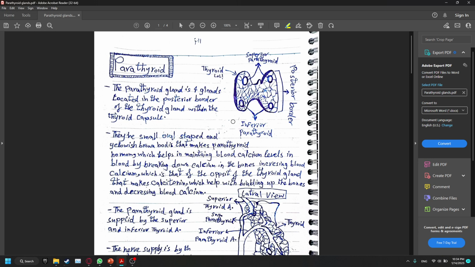And so obviously four glands, kind of peanut shaped, I guess. Small.